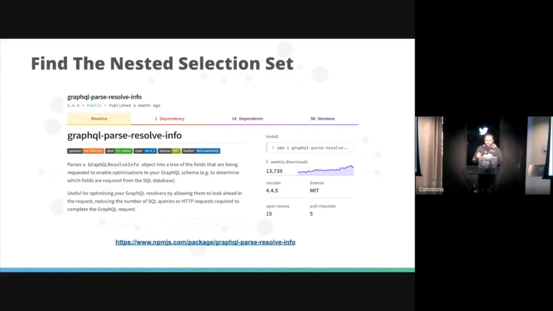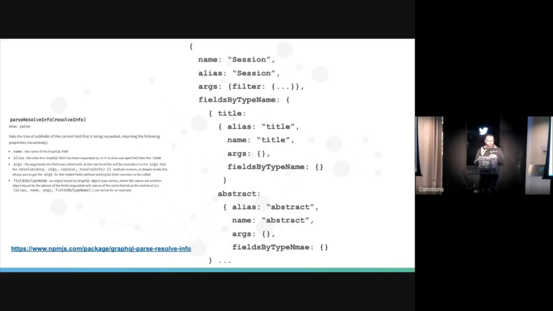But to find the nested selection set from a ResolveInfo object, Benji from PostGraphile has released this graphql-parse-resolve-info package that makes it very easy to pass in a ResolveInfo object and get back a representation of the nested selection set for this query.